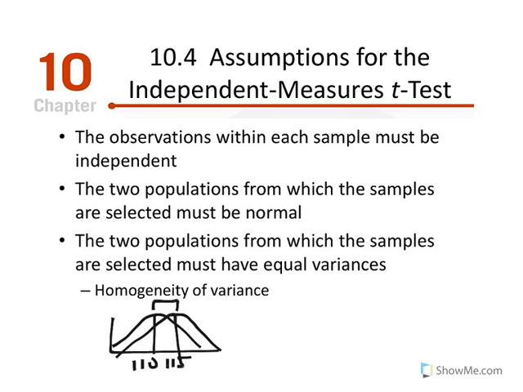So again, the concept of homogeneity of variance refers to this idea that the 2 populations that we're comparing initially have the same variances. To better understand this, we should recall that the pooled variance in the t-statistic formula is obtained by averaging together the two sample variances.